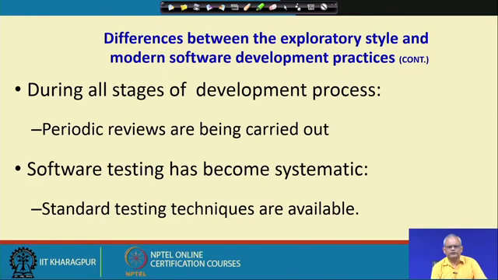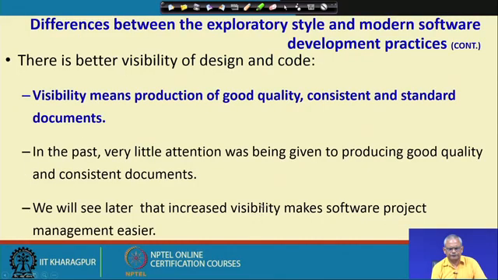Do not wait for the error to be detected during testing. Reviews help us to detect errors much earlier, and this is an efficient way to detect errors and therefore reduces the cost and the time of development. The testing techniques have become really sophisticated. We will look at them later in this course, and there are many standard testing techniques and tools available.